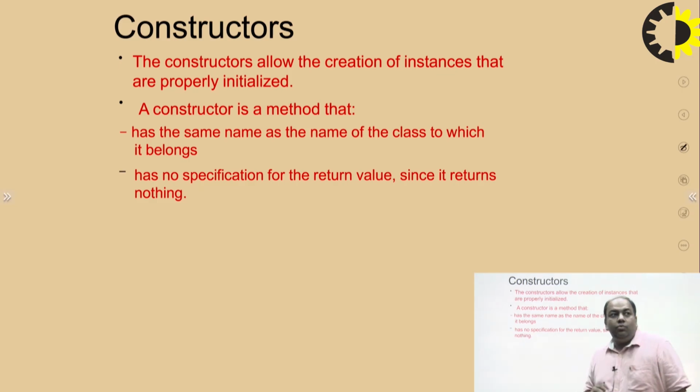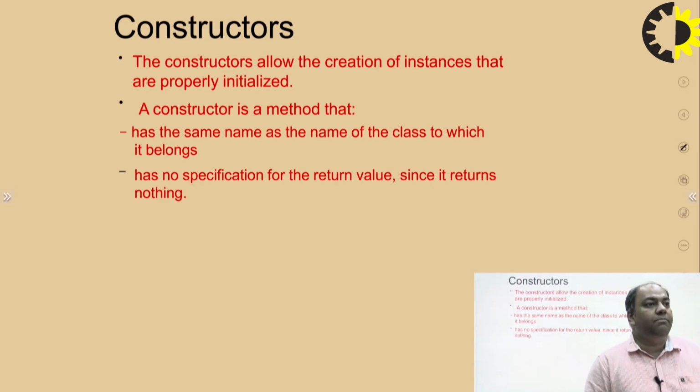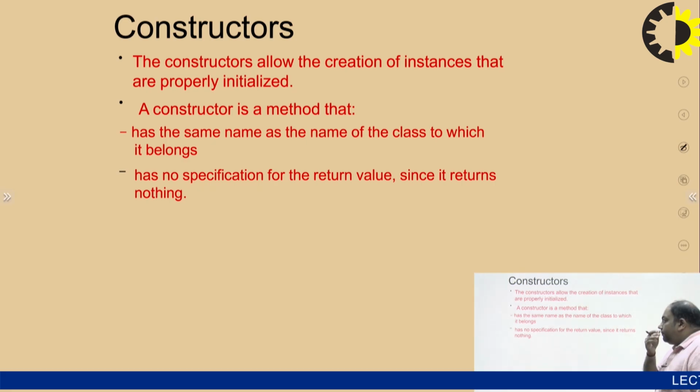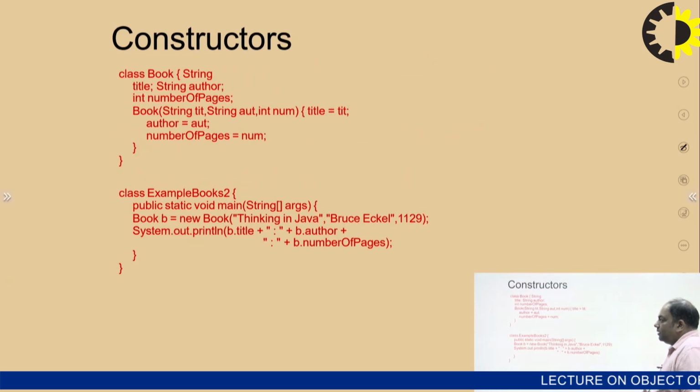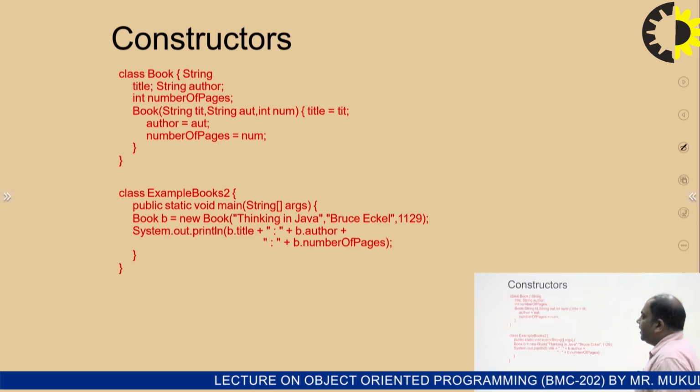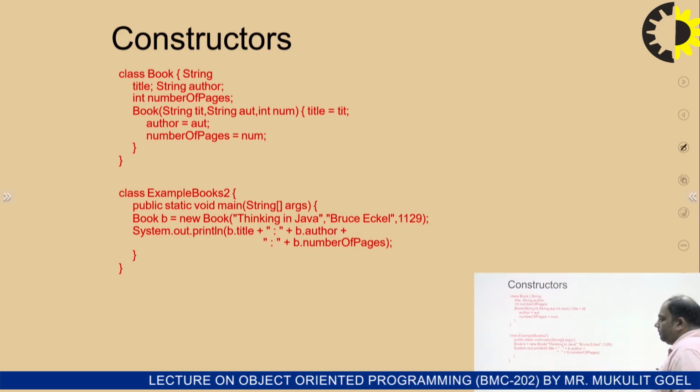After that we can define a constructor, which has the same name as the class to which it belongs, but has no specification for the return type. So it does not return anything. Like we have seen in class Book, we have strings for the title and author and the number of pages, and we use a constructor of Book which takes the title, the author, and the number of pages.